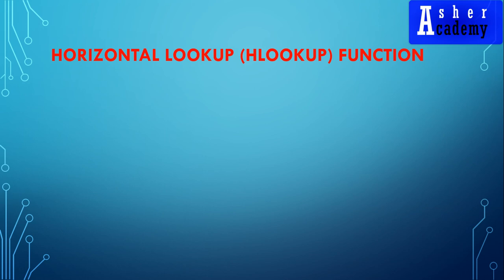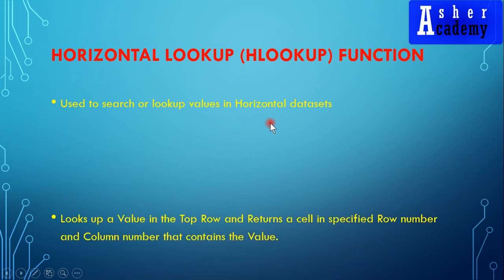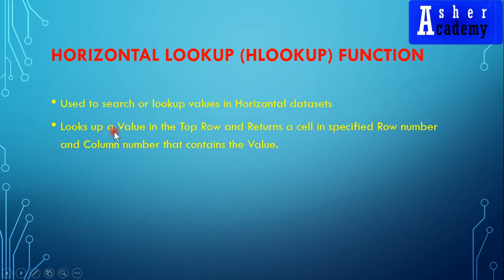Just as the VLOOKUP, the horizontal lookup is used to search or look up values in a horizontal dataset. It looks up a value in the top row and returns a cell in a specified row number and column number that contains the value.